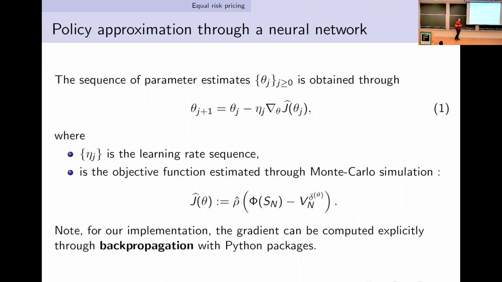To estimate these gradients, first the estimate of the value function itself, we apply Monte Carlo methods, and thanks to the automatic differentiation packages, we can then obtain an estimate for the gradient. This can be done through Python or other programming languages.